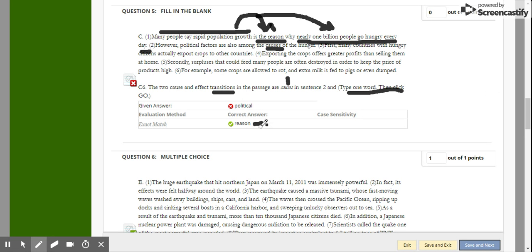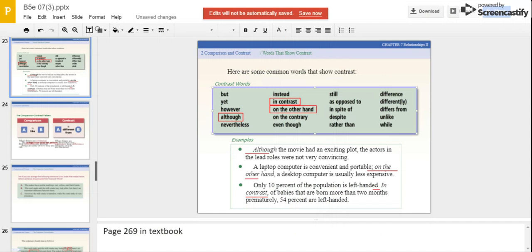So you had to look in the whole paragraph. They gave you the one causes and you had to find the other one. Okay, so what I would recommend doing is to go back to this PowerPoint presentation here, okay, this one that you had for chapter 7, and look particularly at these green boxes.